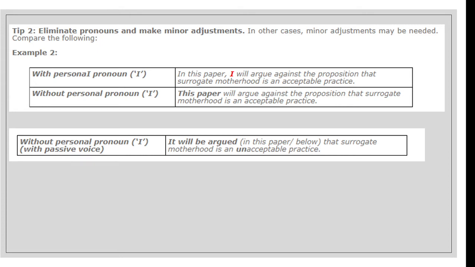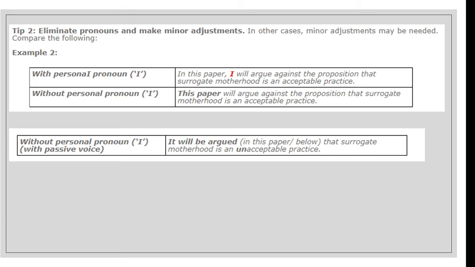Without personal pronoun I, you will have, this paper will argue against the proposition that surrogate motherhood is an acceptable practice. Instead of saying I, you would say this paper. So it's not you as a person, but you would say that the document that you had written is the one that would be doing the argument on the proposition about surrogate motherhood being an acceptable practice.